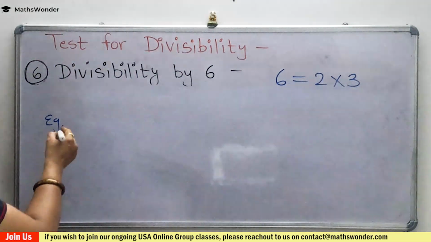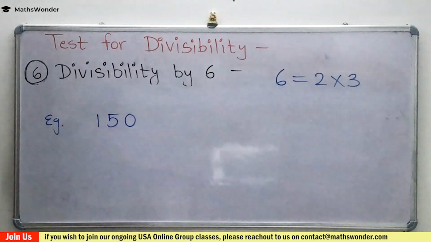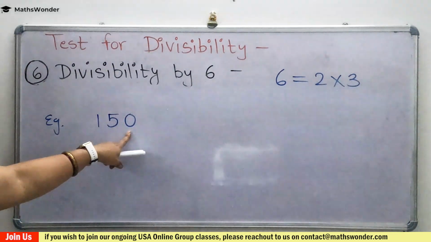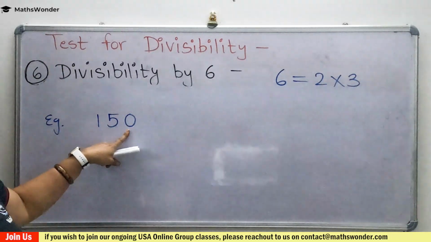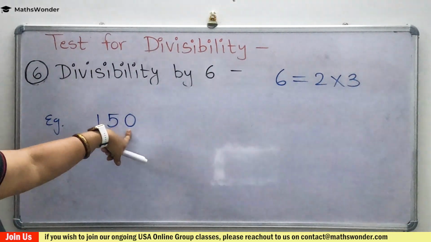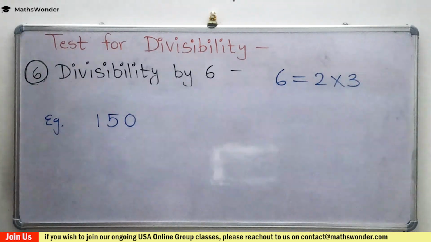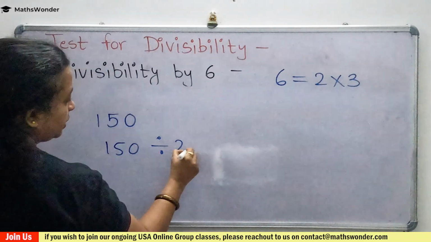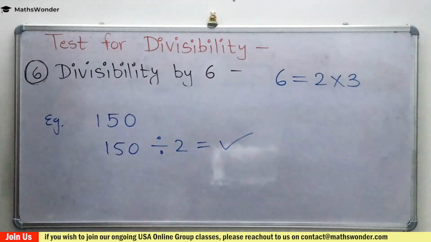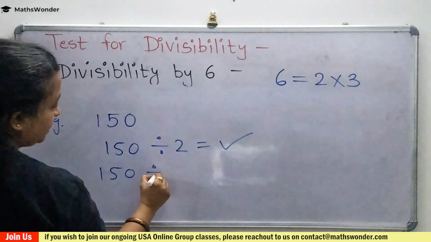For example, 150. It is divisible by 2, because 0 is at the ones place. It's divisible by 5 also, because 0 is at the ones place. Now we'll check whether it's divisible by 3.